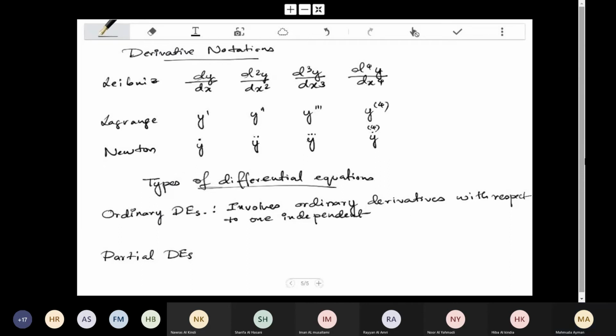And partial differential equations, which we'll not be doing in our course, involve partial derivatives with respect to multiple variables.